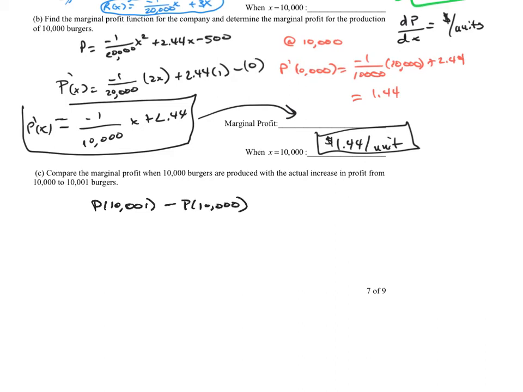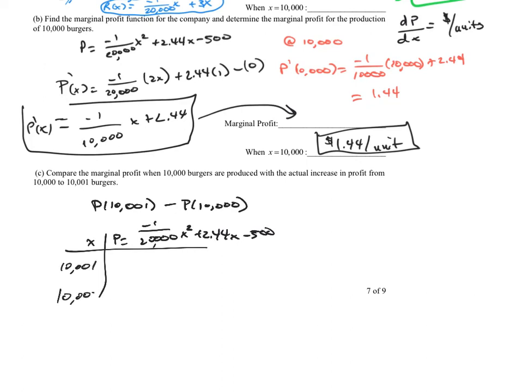I'm going to go ahead and use the table because I'm done with this. Our profit function, go back to the original profit function, which was negative 1 over 20,000 x squared plus 2.44x minus 500. Okay, I'm going to plug in the number 10,001. I'm going to plug in the number 10,000.